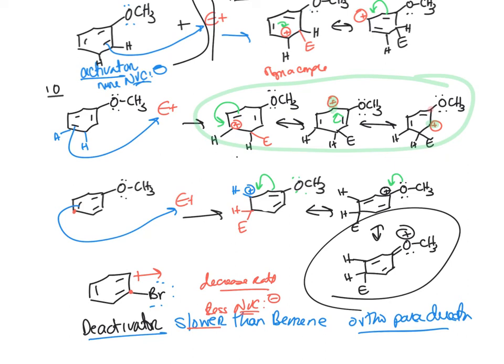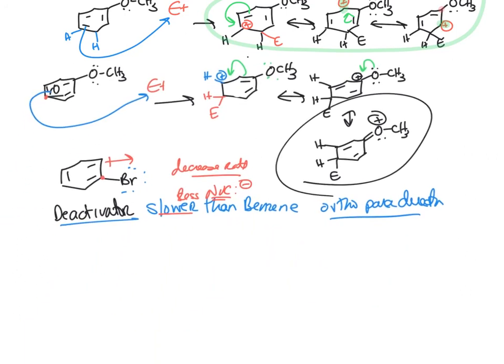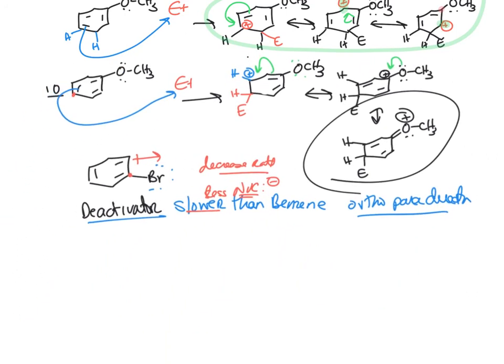Inductive effect is the polarity through the sigma bond. That's what inductive means. Okay, so let's go to the next question. Draw the sigma complex formed on reaction of bromobenzene with electrophile.